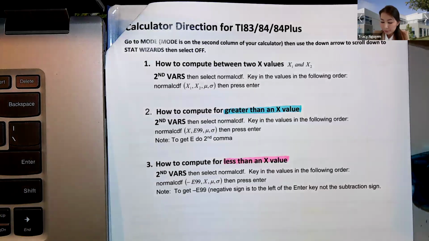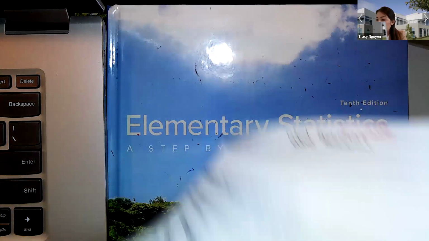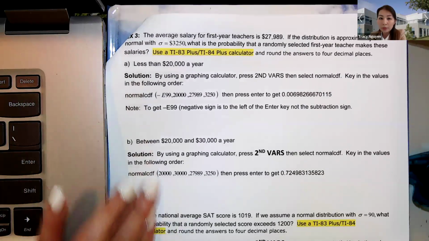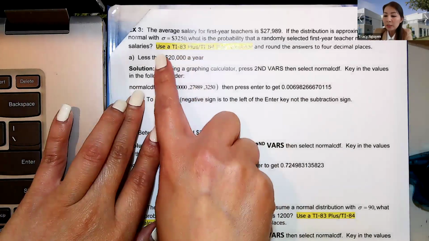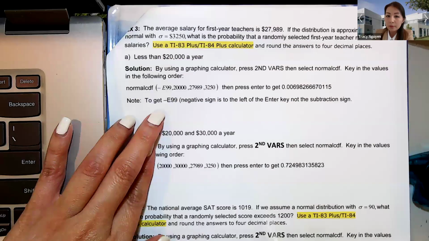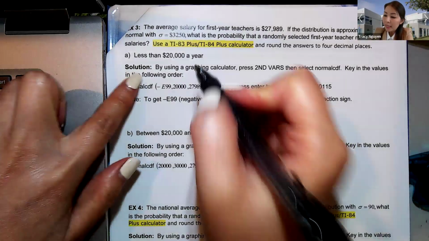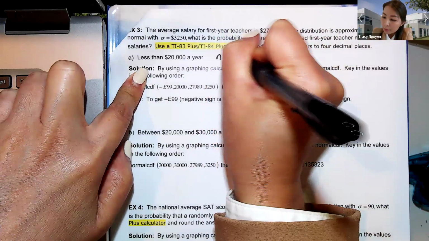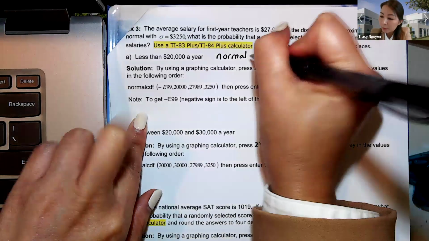All right, so let me take you to example 3, which is example 2 using the normal distribution table, the same problem here. But the direction here tells us to use a TI-83 or 84 Plus calculator. For the case of less than, let me write the command first, and then we apply it to the numbers in our problem.